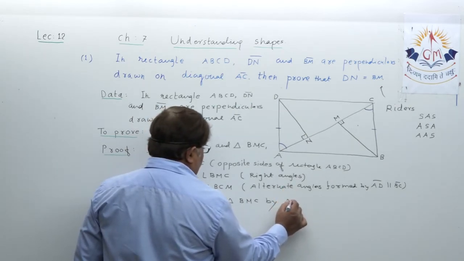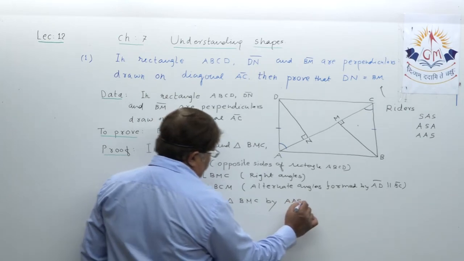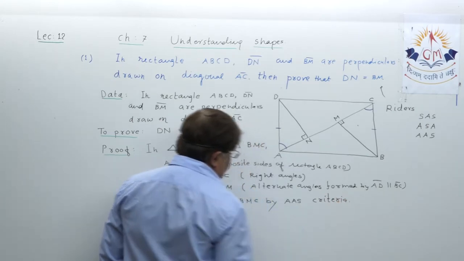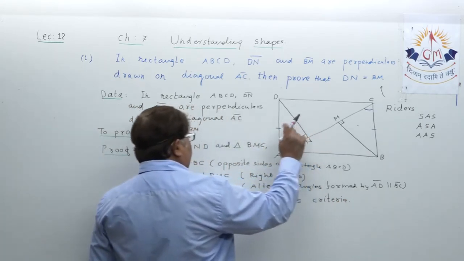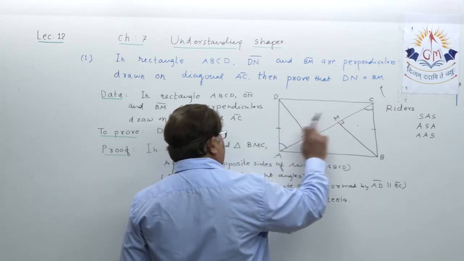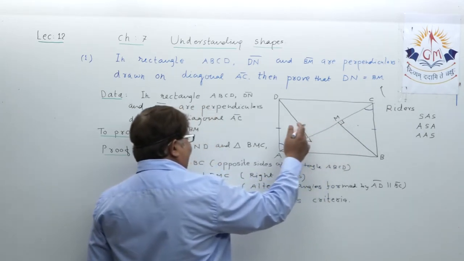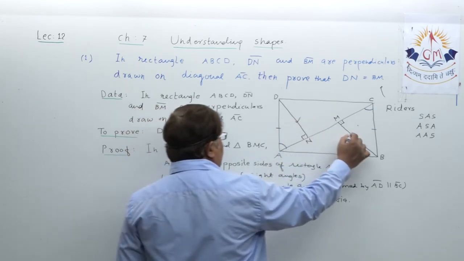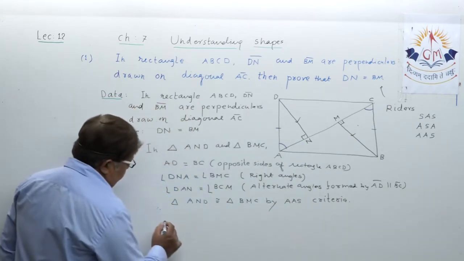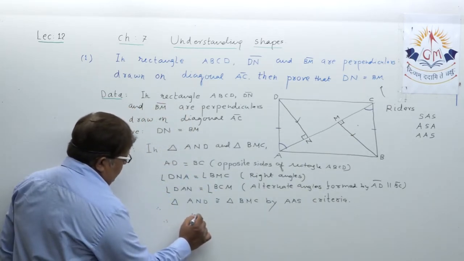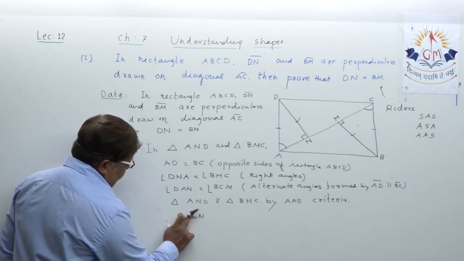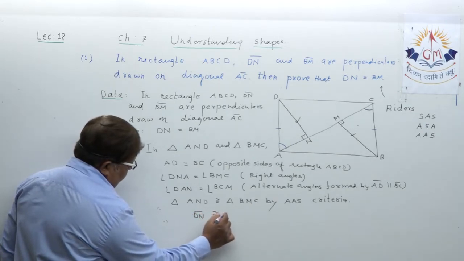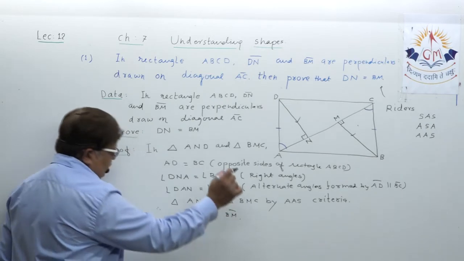By AAS criteria. Okay, and because these two triangles are congruent, that means all corresponding parts are also congruent. Therefore, dear student, DN congruent to BM. Okay, it is proved.